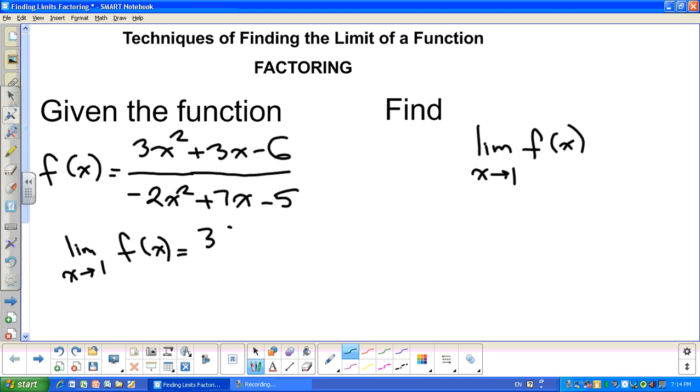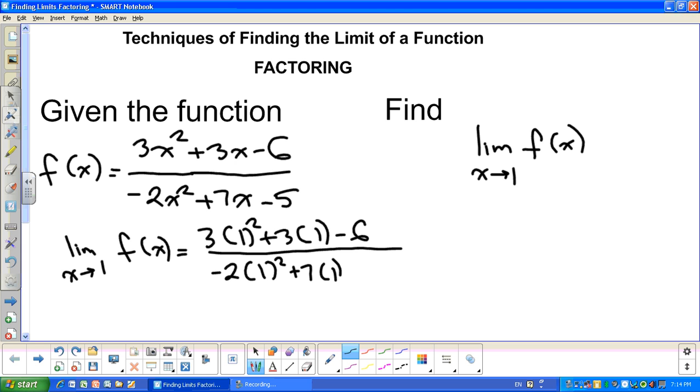So what I get is 3 times 1 squared plus 3 times 1 minus 6 divided by negative 2 times 1 squared plus 7 times 1 minus 5. So I get 3 plus 3 minus 6, it's a 0, over negative 2 plus 7, 5 minus 5, 0.